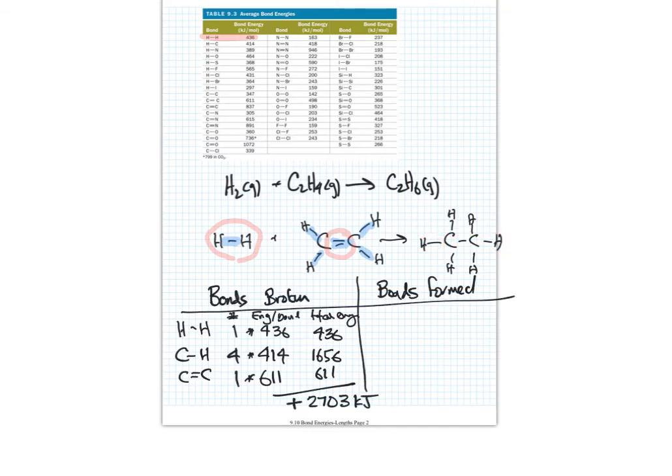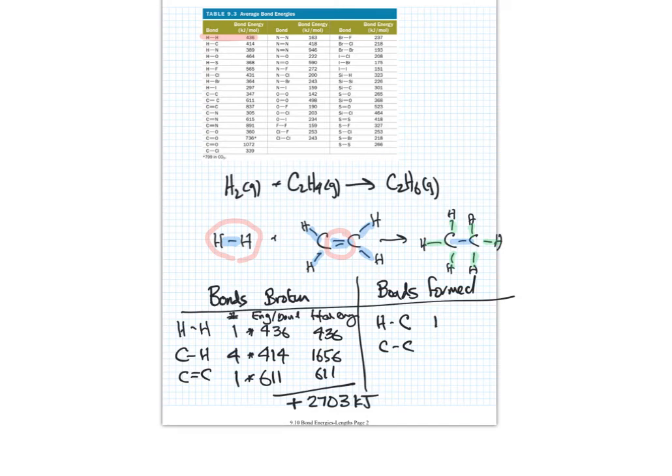So now I do the same analysis on the product side, and I say, aha, there are carbon-carbon single bonds and carbon-hydrogen single bonds being formed. So my bond types on this side are hydrogen-carbon and carbon-carbon single bonds.